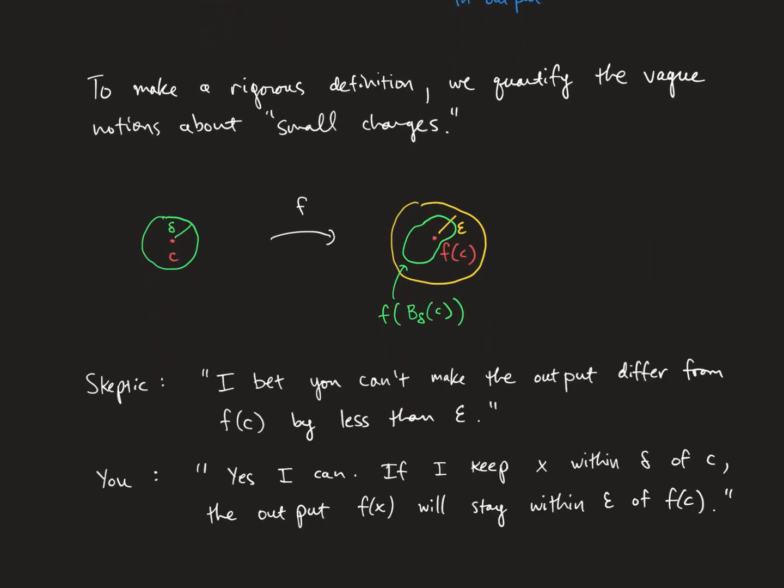Okay, so here's the kind of dialogue that goes into the definition, and which is illustrated in the picture here. The skeptic says, I bet you can't make the output of the function differ from f of c by less than epsilon.